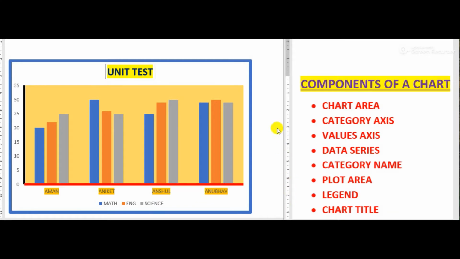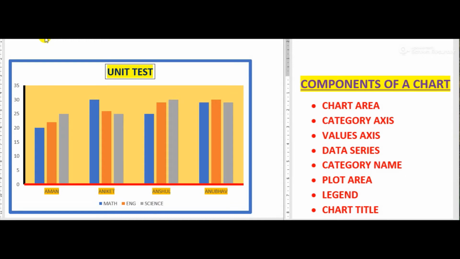Here we can observe this blue border is containing all the objects, or we can say the area of the chart. So this blue border is the chart area because it contains all the objects and components of this chart.